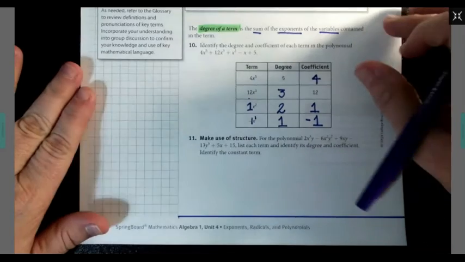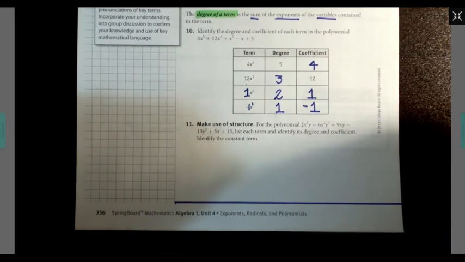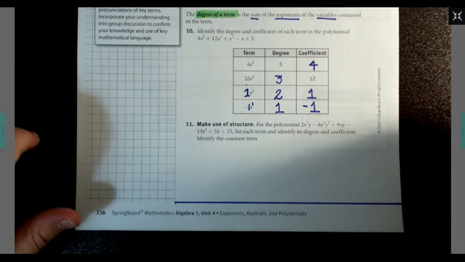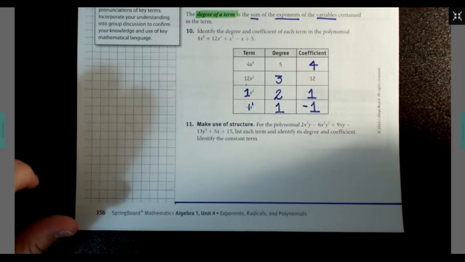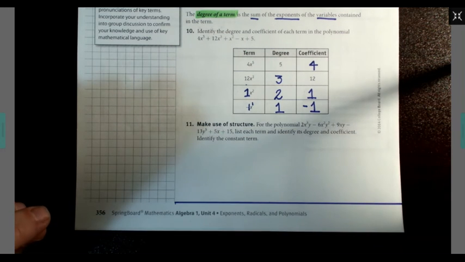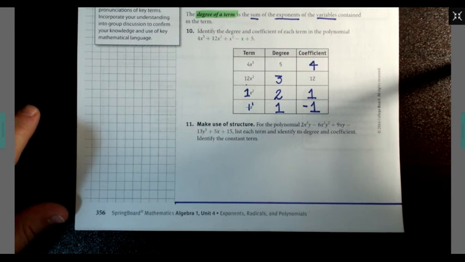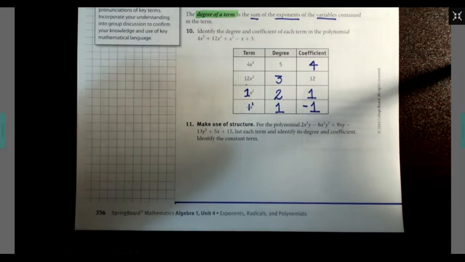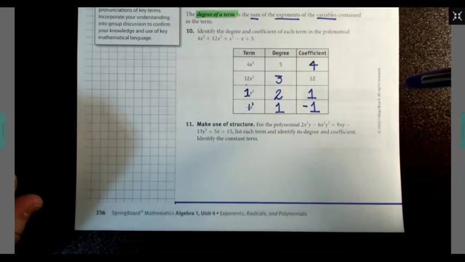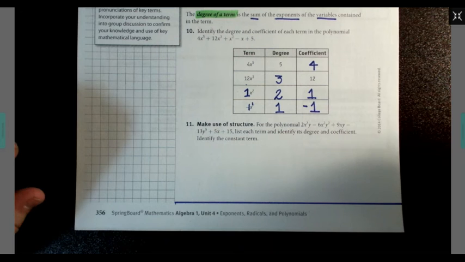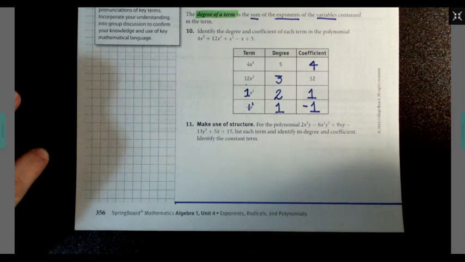Let's take a look at number 11. Make use of structure. For the polynomial 2x cubed y minus 6x squared y squared plus 9xy minus 13y to the 5th power plus 5x plus 15, list each term and identify its degree and coefficient.